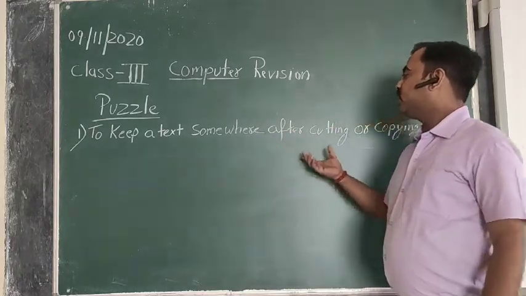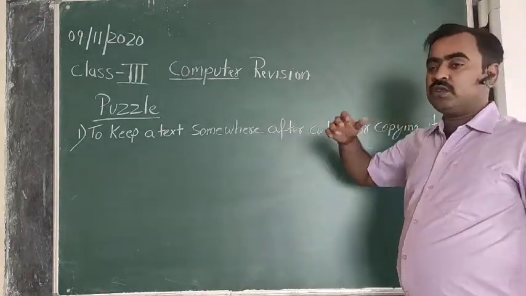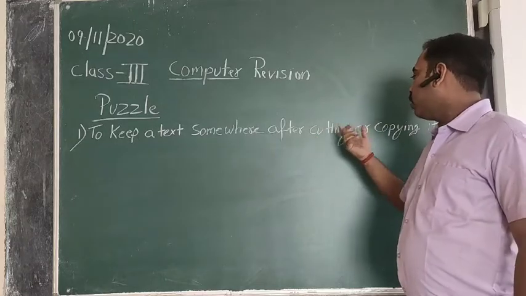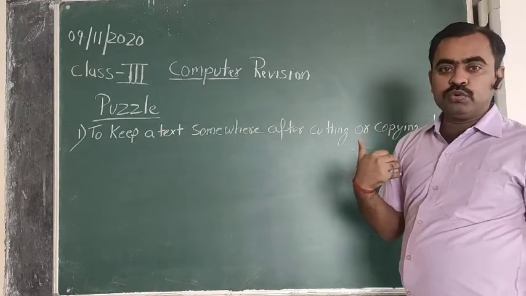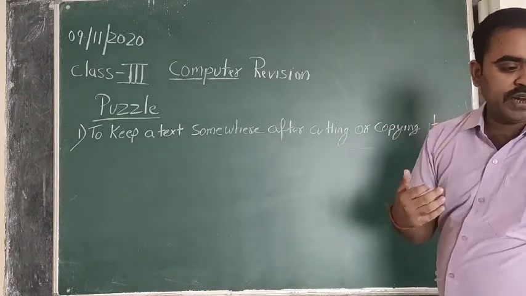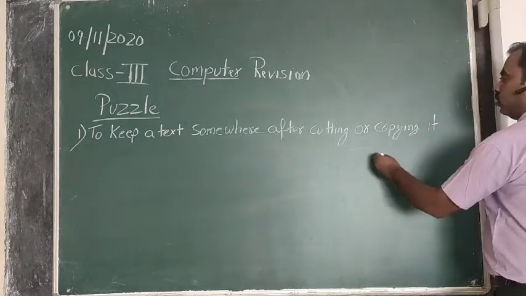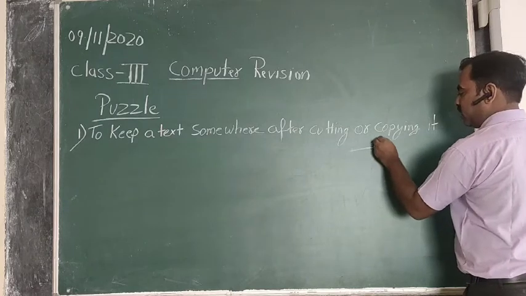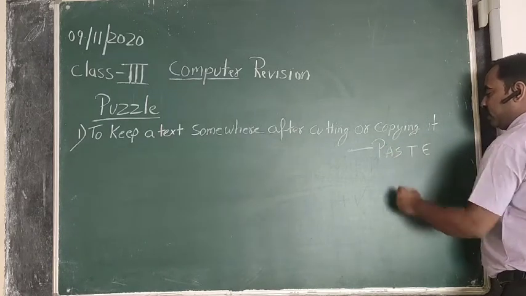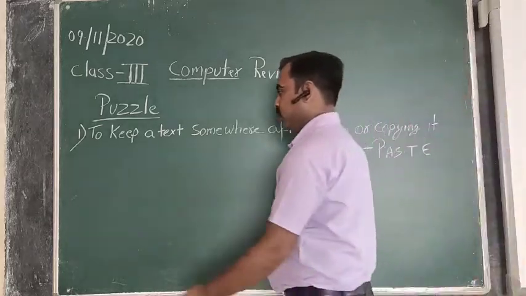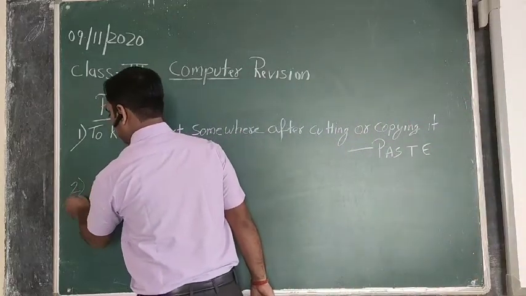So to keep the text somewhere, once you have used the cut or the copy command, we have to use the paste command. So the correct answer is paste. Okay.